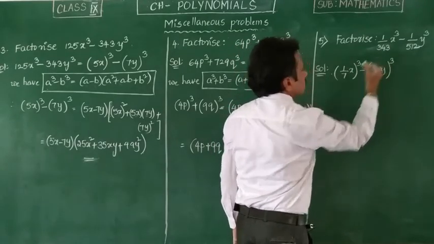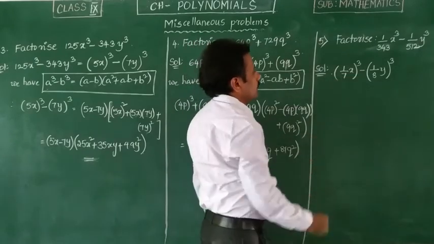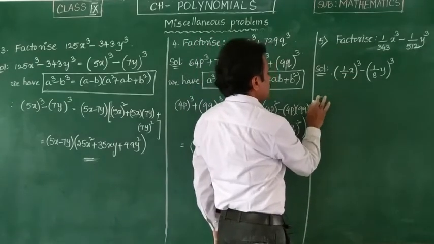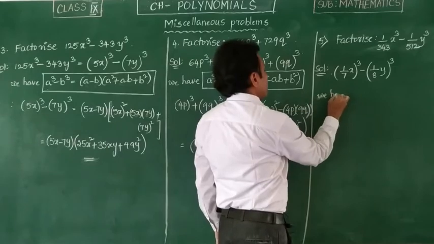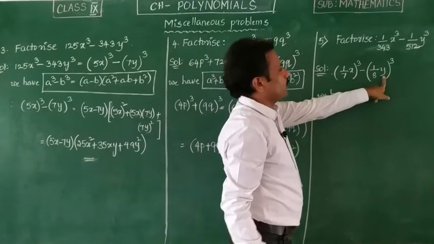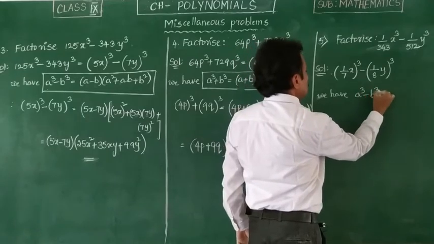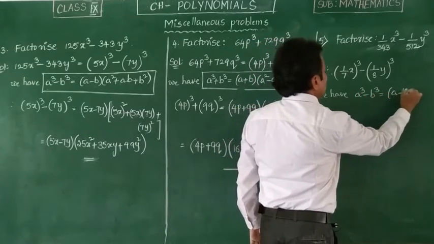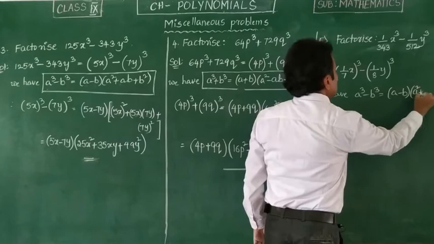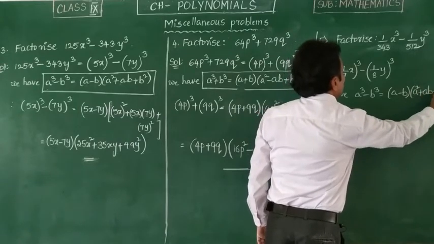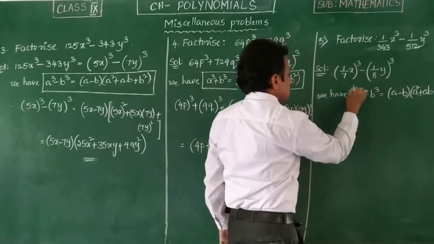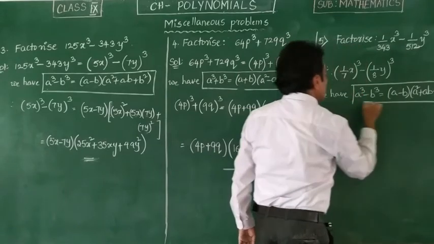Since we have a cube minus b cube form, a cube minus b cube equals a minus b into a square plus ab plus b square. This is the identity we have to apply here.